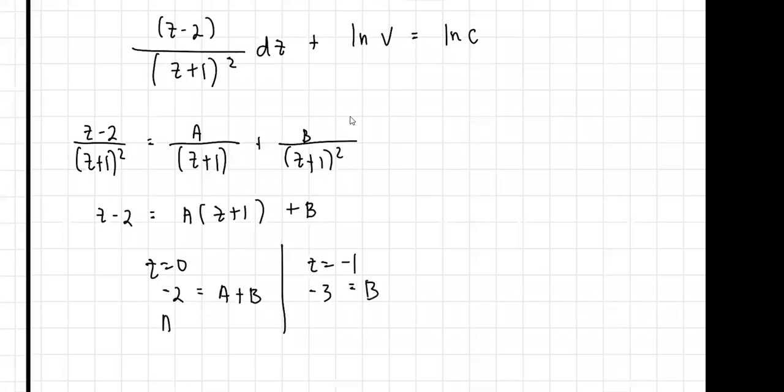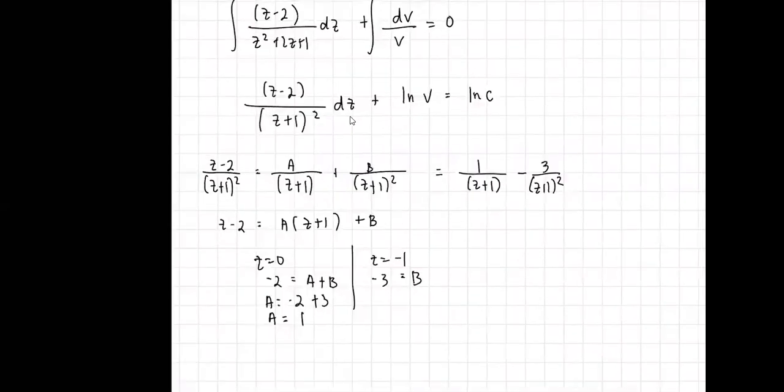So a will be -2 plus 3, or a equals 1. So our partial fraction will be 1 over z plus 1 minus 3 over z plus 1 squared.